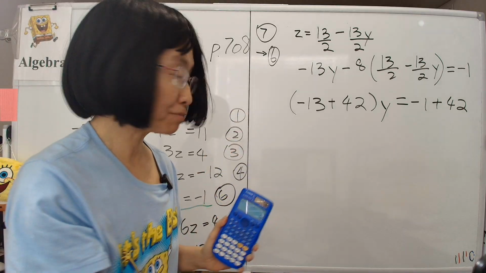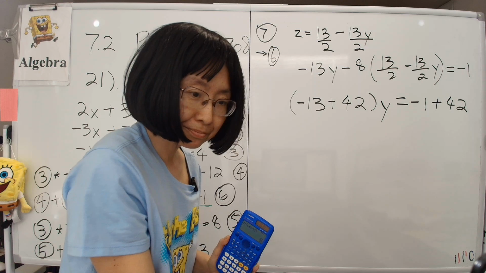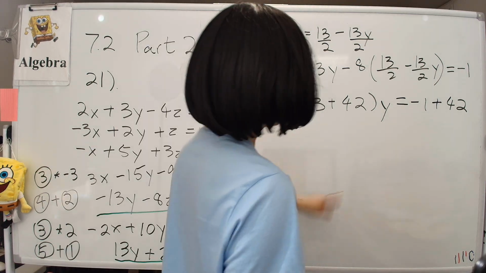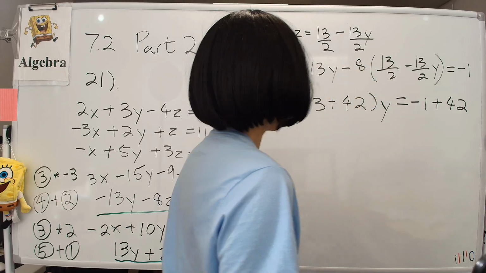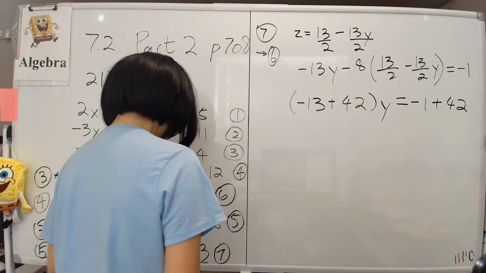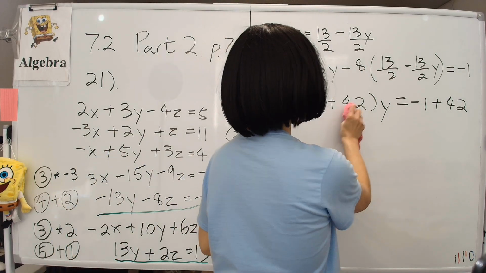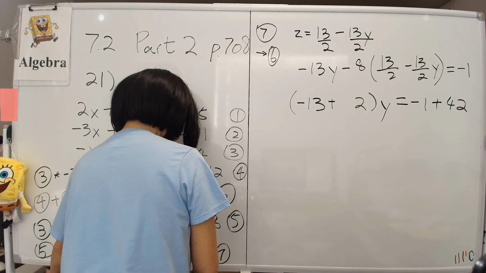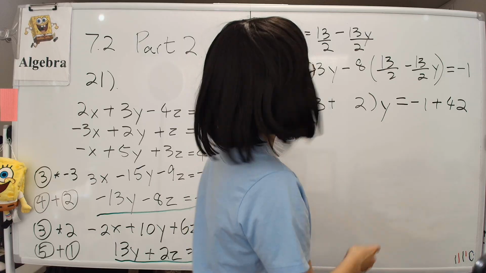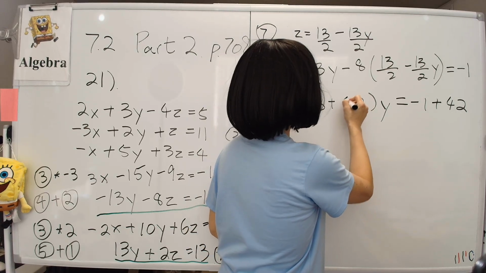Let me check to see where I got it wrong. Well, one mistake I found is right here. This is 13 times 4. Guess what, 13 times 4 is definitely not 42. 13 times 4 is 52. We have to carry that 1. I don't know why I didn't think of it.